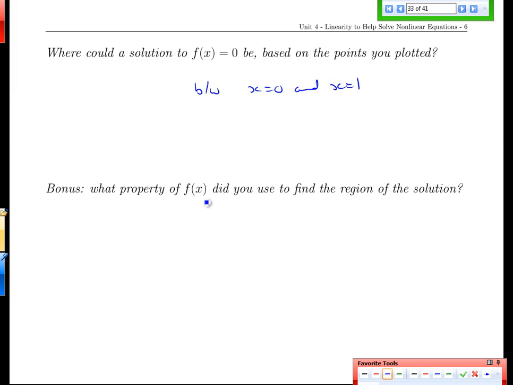It's worth noting to ourselves, what property of the function did we use to actually make that statement? Well, we said if the function is up here at 3 when x is 0, and then it's down at negative 2.3 at x equals 1, somehow the function must cross the x-axis because f of x is continuous.